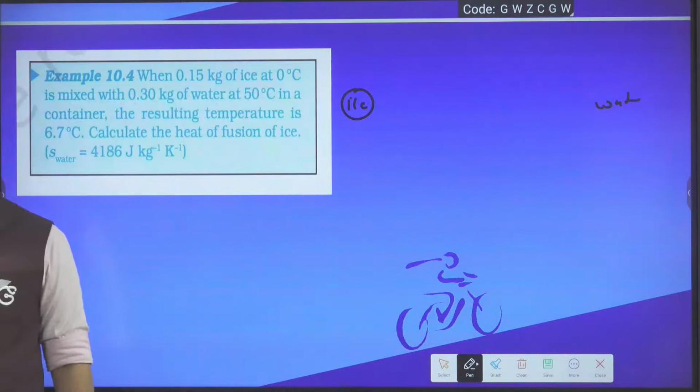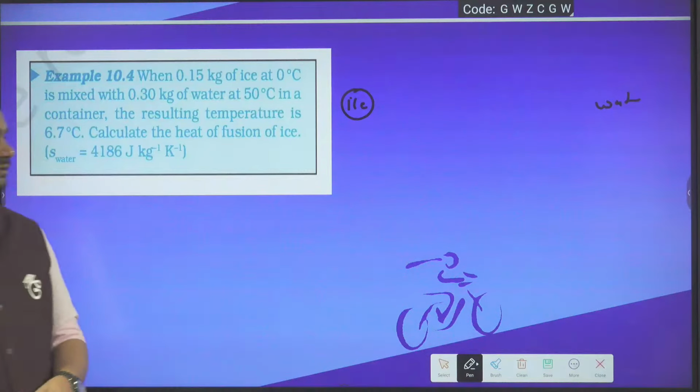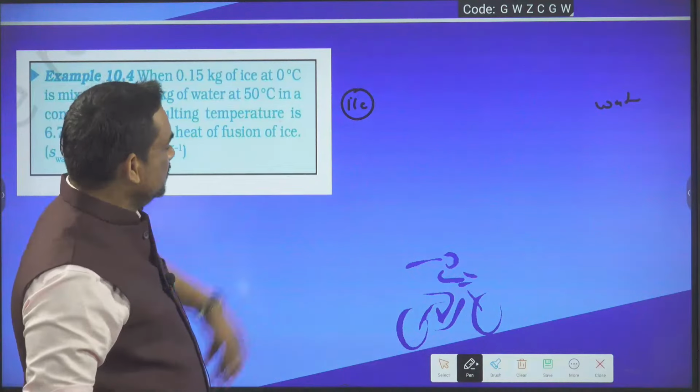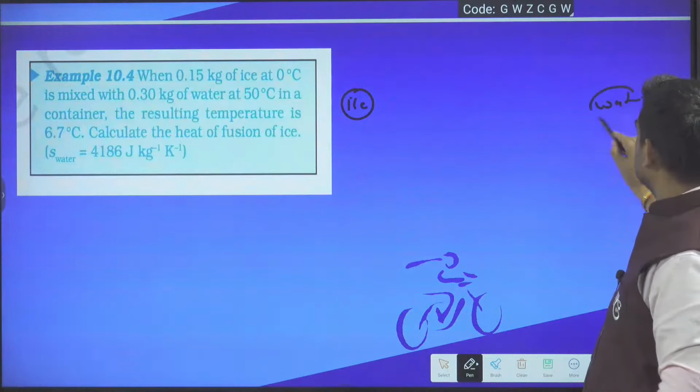Okay, one will be taking, one will be releasing the energy. Ice will absorb and water will release the energy.